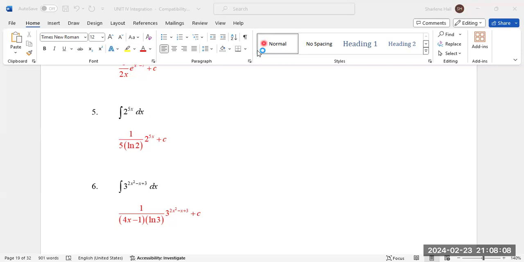Before you leave, sir, could you scroll up to where you have the rule for the indefinite integral of the exponential function? I just want to screenshot it.